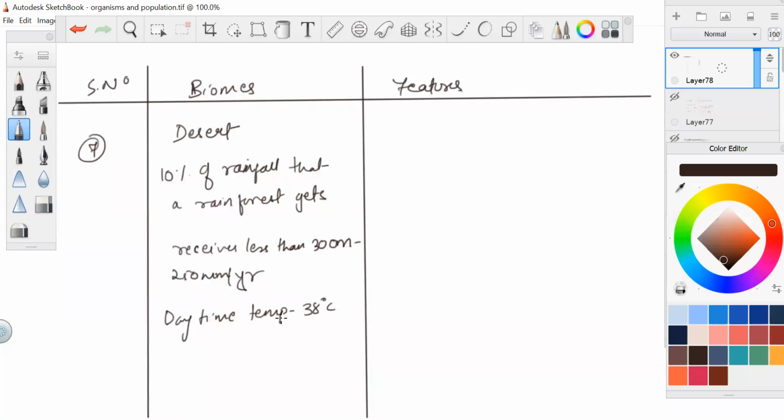Okay, and it can go higher and higher also. During night, it drops to like minus 4 degrees Celsius, because sand has the property that it gets heated very quickly and drops very quickly.